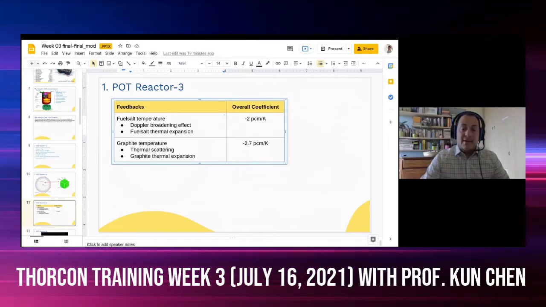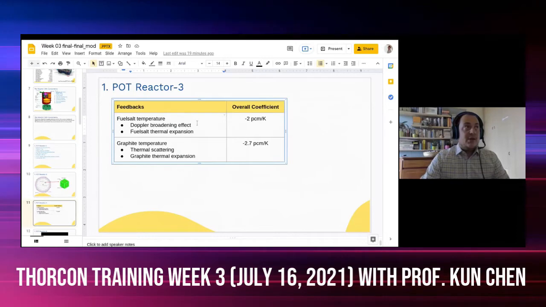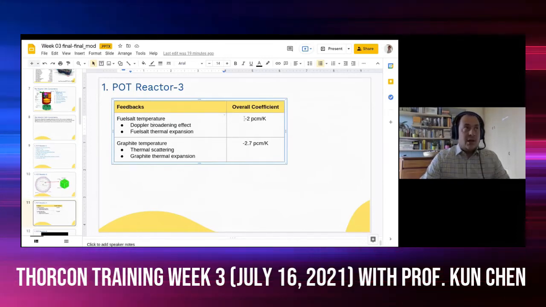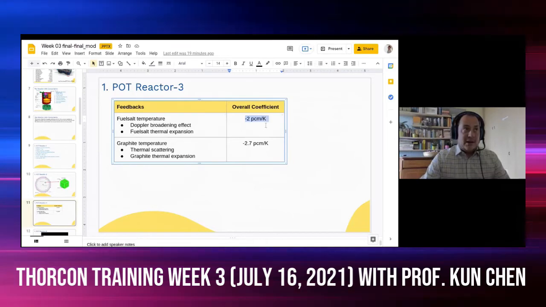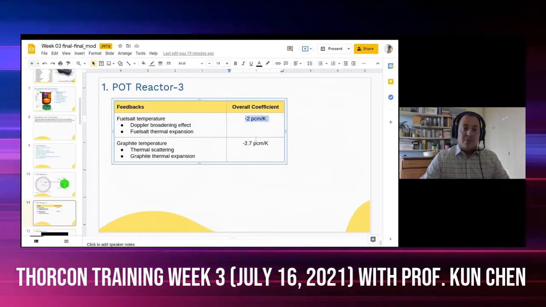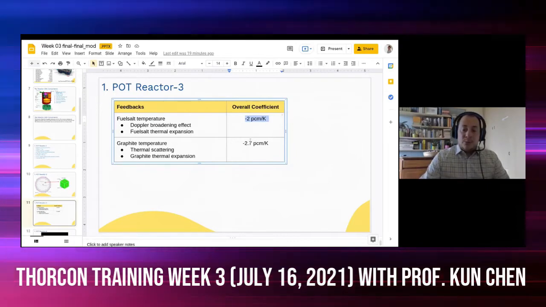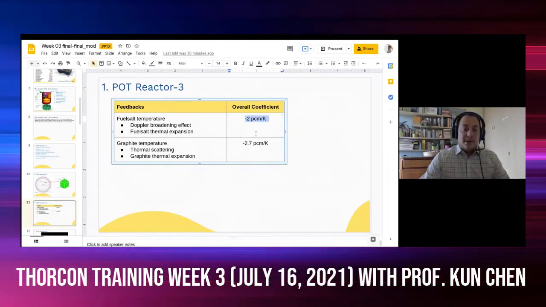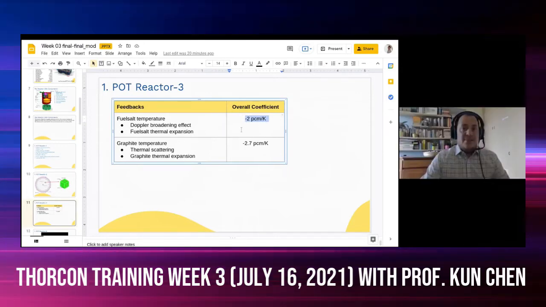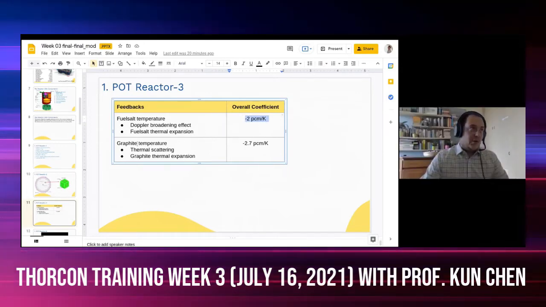This might have a positive effect. Nonetheless, the sum of the heating effect on salt is always negative and around -2 ppm per Kelvin. There is some variation depending on the fuel to moderator ratio and the specific heterogeneity, but that's effectively an average value for the core.